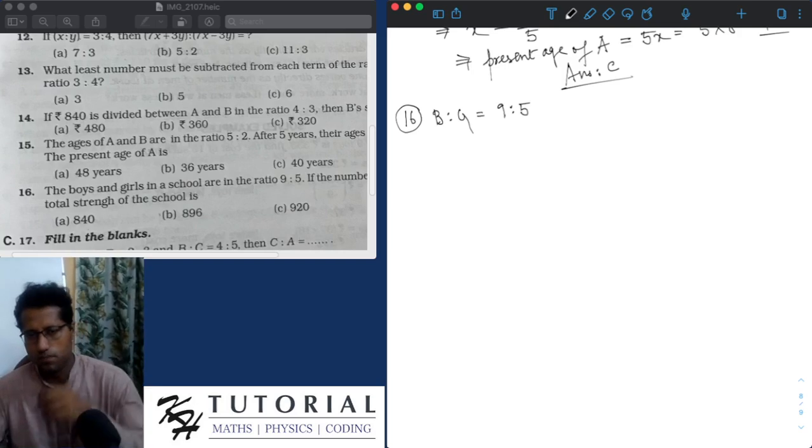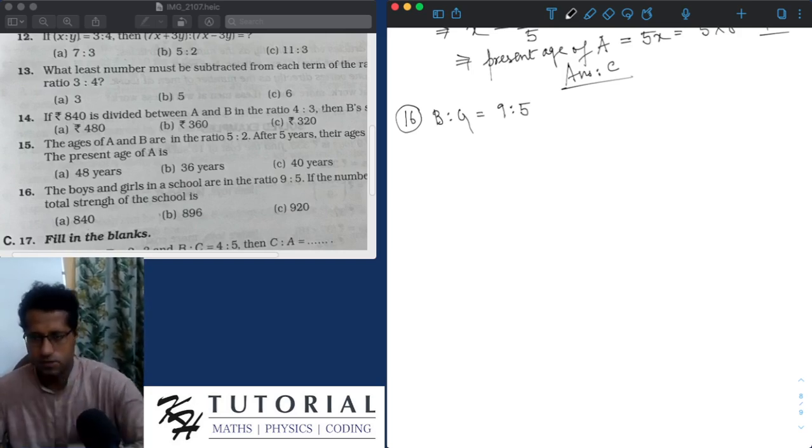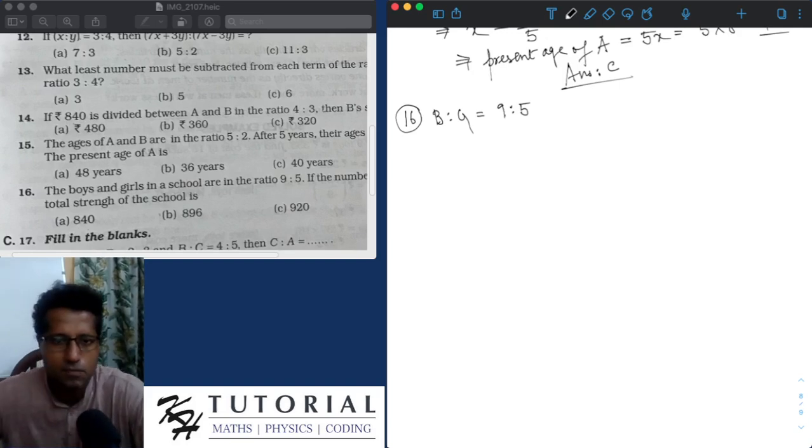If you assume that the number of boys is 9x and the number of girls is 5x, and then using some other fact you find x, ultimately the question is asking for the total strength of the school. So you will find x, and then you will find the total number of boys and girls.